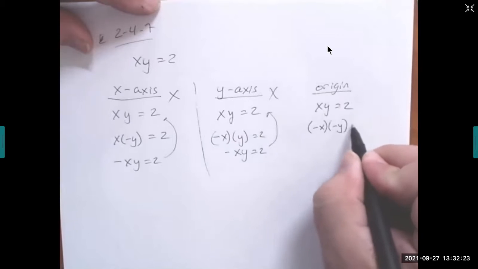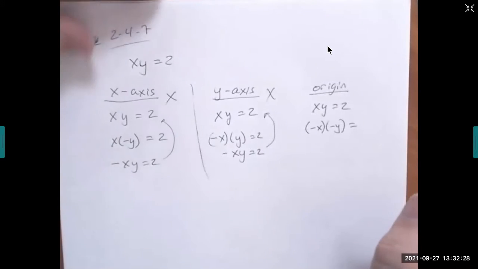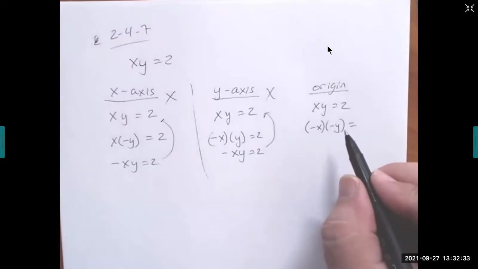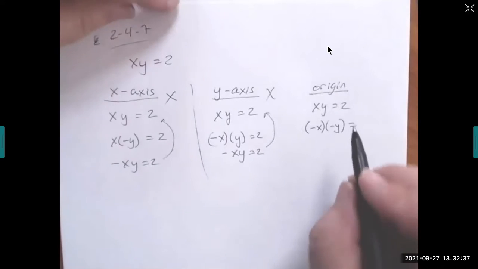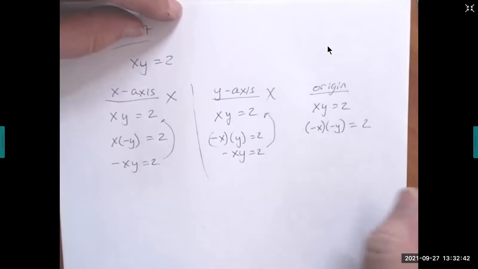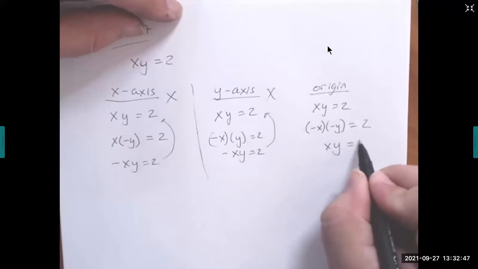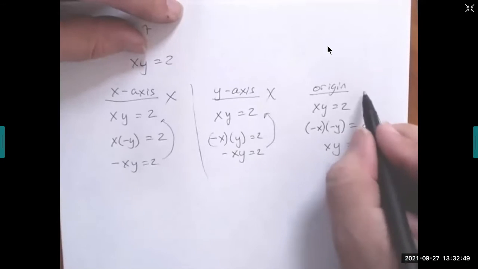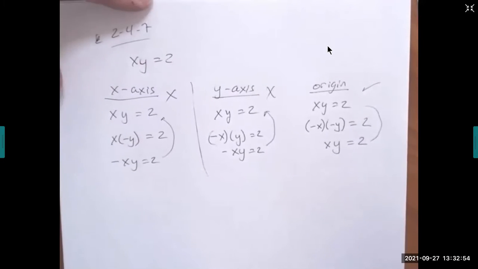For the origin, negative x and negative y. Negative negative is positive. They're the same, so it works. So it's symmetric about the origin.